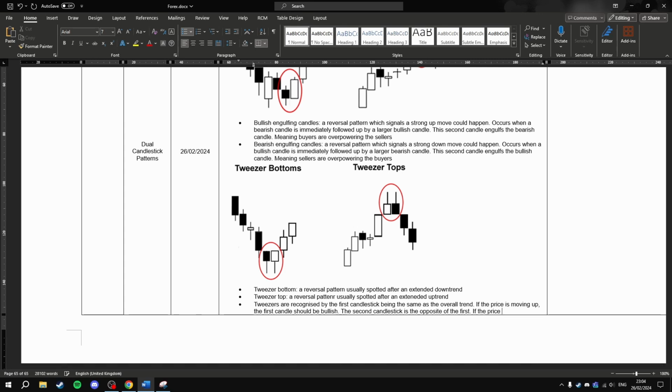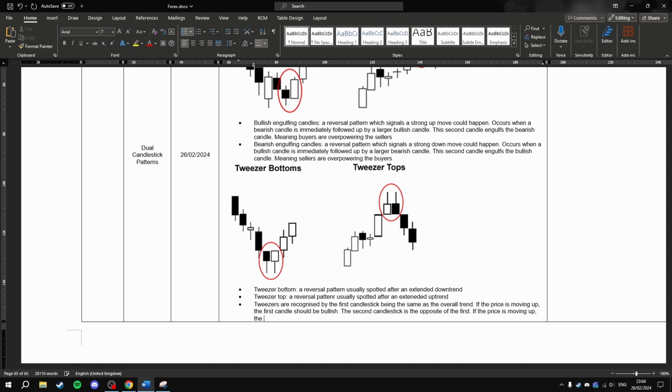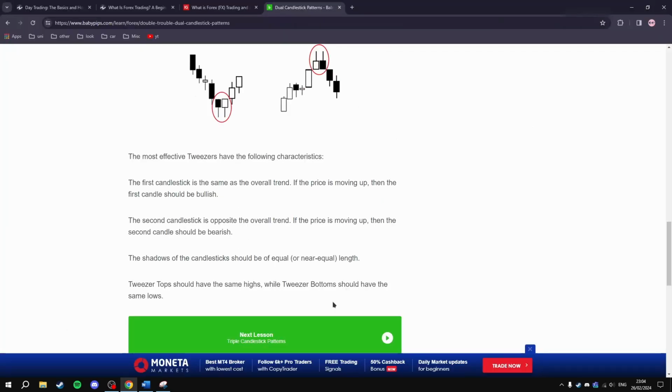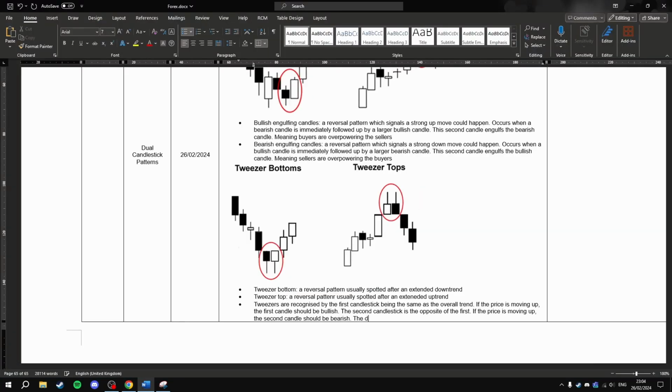If the price is moving up, the second candle should be bearish. The shadows of the candlestick should be near the same length.